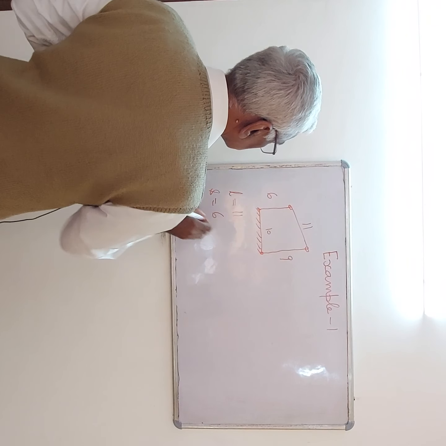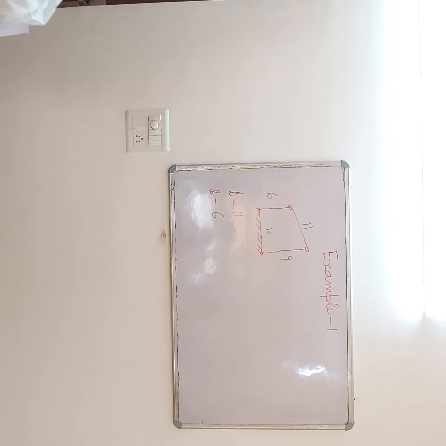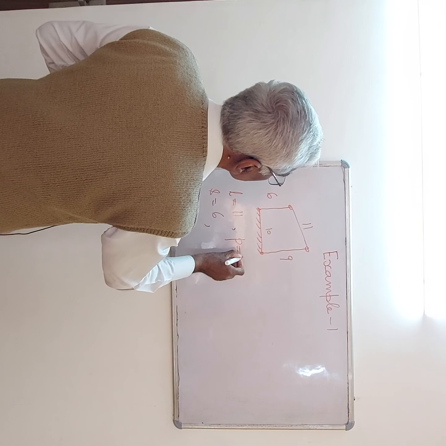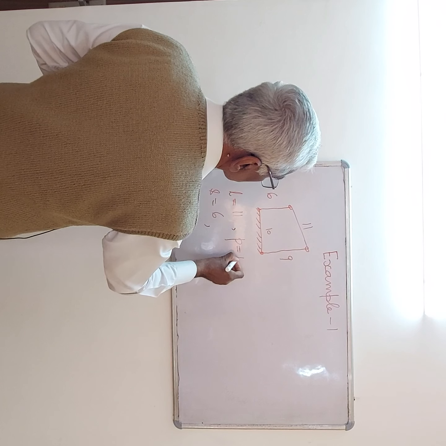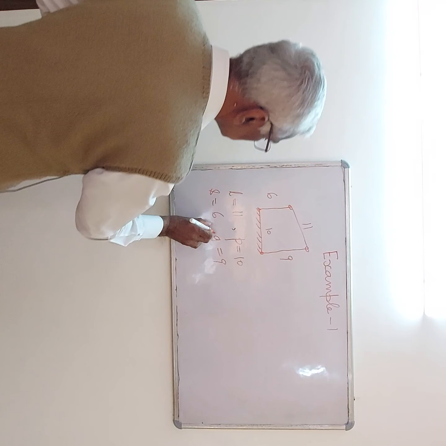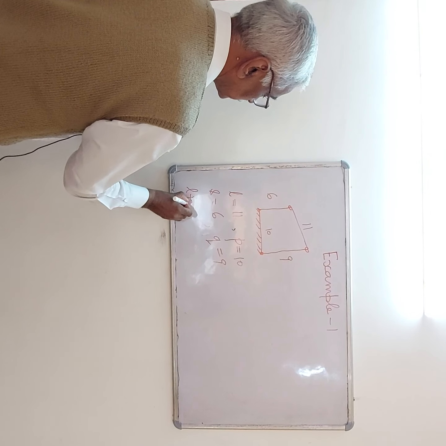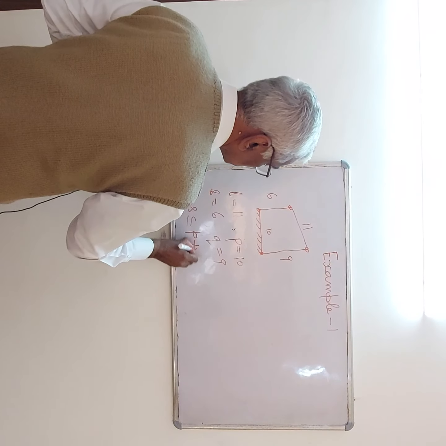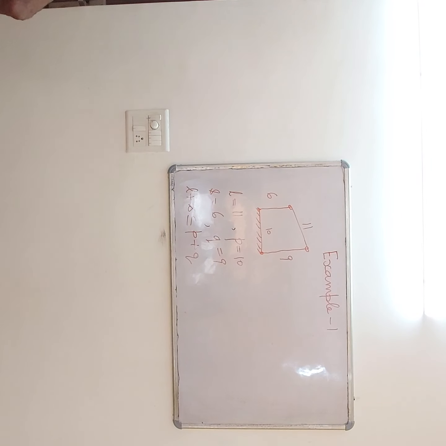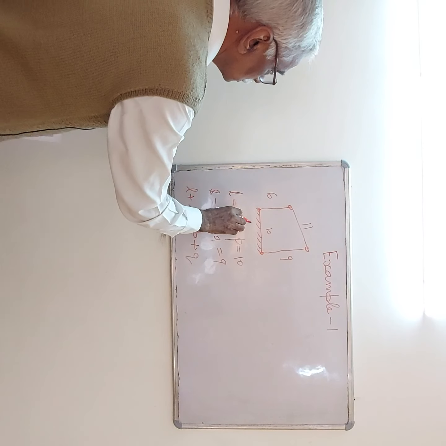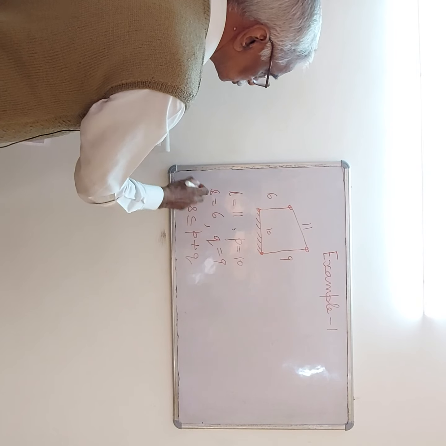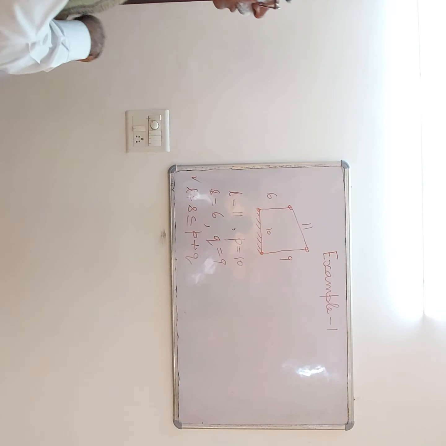S is equal to 6. P is 10. Q is equal to 9. So the condition is satisfied. This is the Grashof criterion: L plus S is less than or equal to P plus Q. 11 plus 6 is 17, 10 plus 9 is 19. So this condition is satisfied.